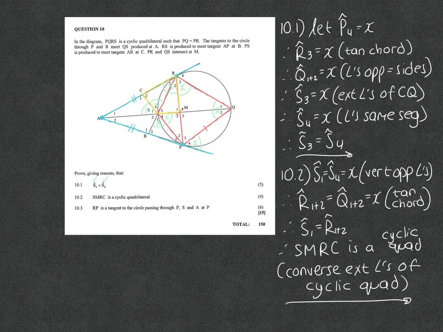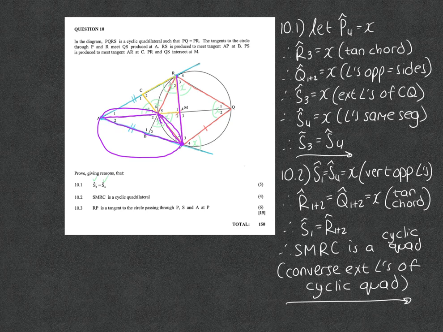So RP must now be my tangent to the circle passing through P, S, and A at P. So there's my circle, basically. Okay, so that is within my circle.